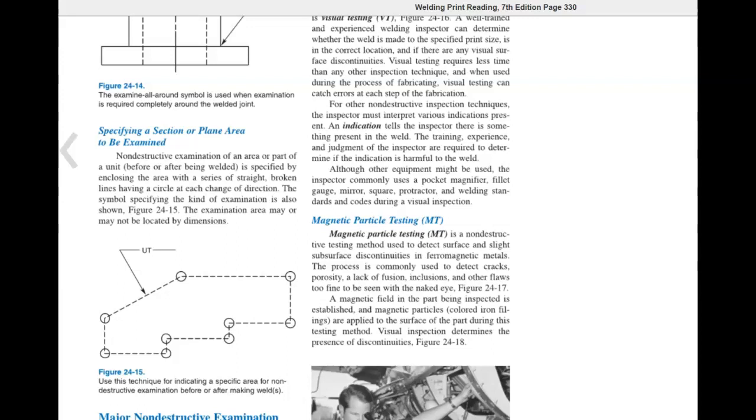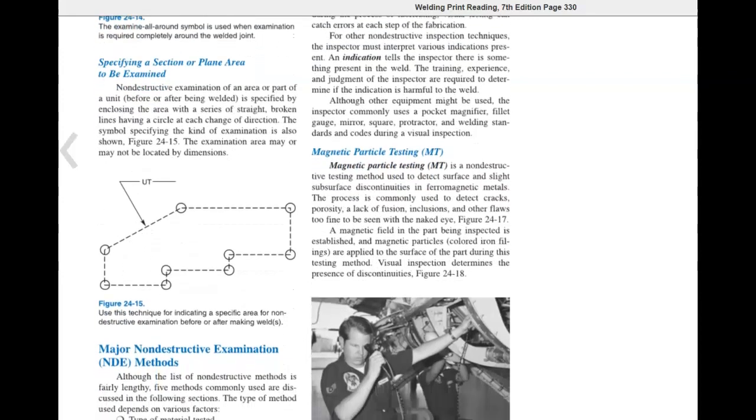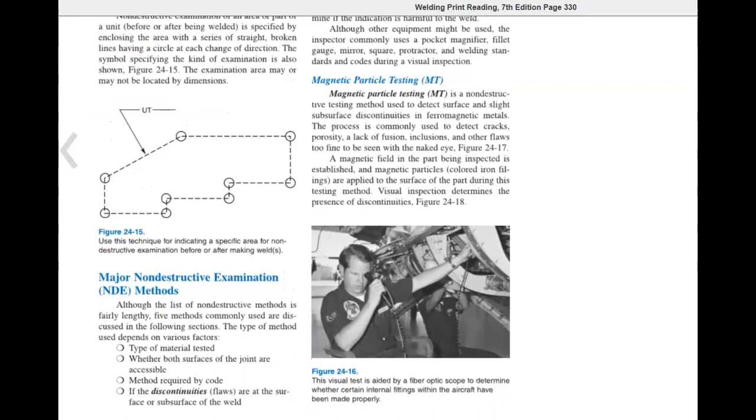The symbol specifying the kind of examination is also shown in Figure 24-15. The examination area may or may not be located by dimensions. Use this technique for indicating a specific area for non-destructive examination before or after making welds.